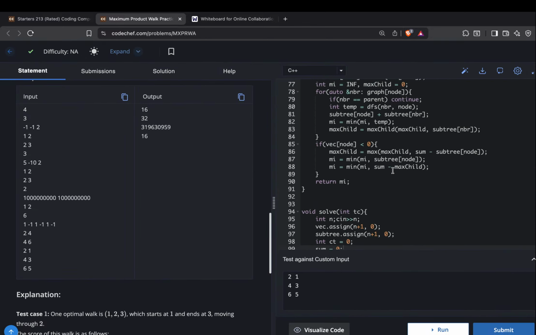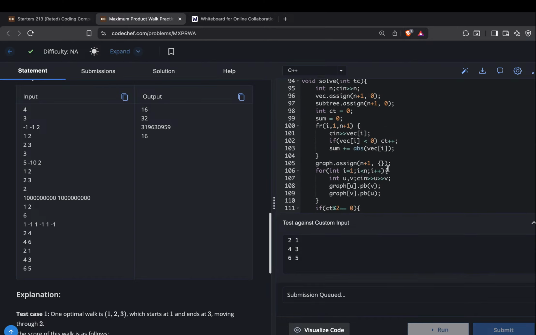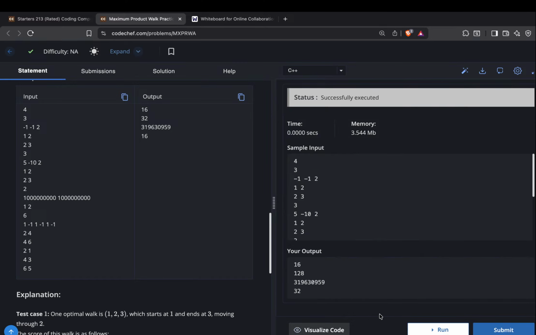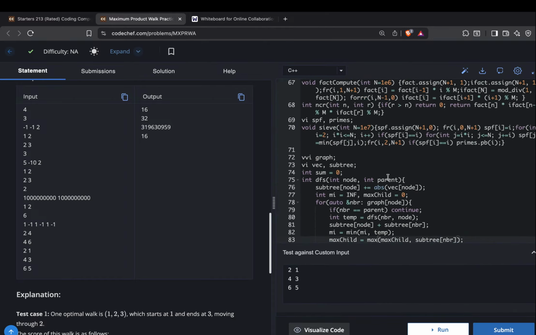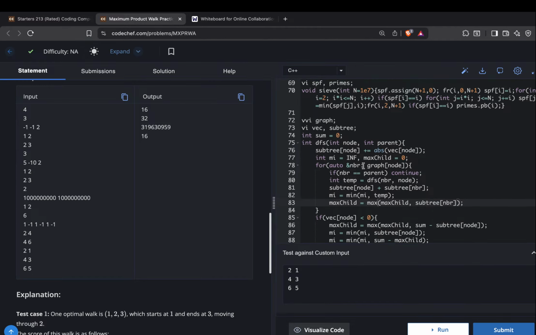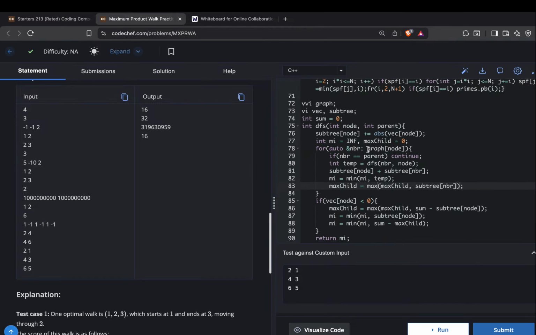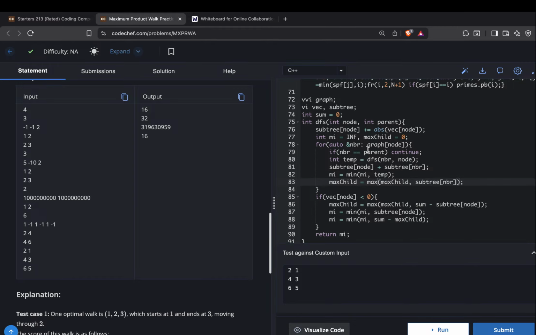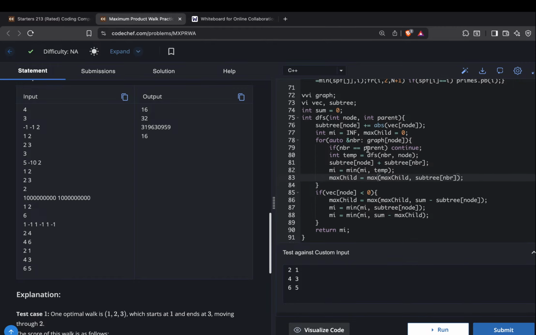And here we are taking max. Alright, there is some problem. Let's go through the code again. Taking graph vector, then subtree is fine, max child is 0 initially.